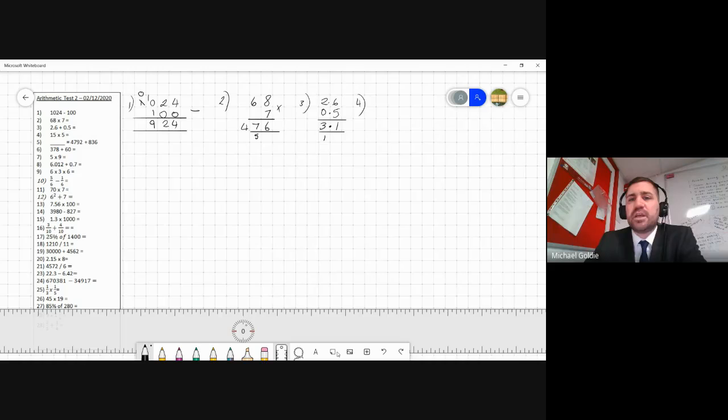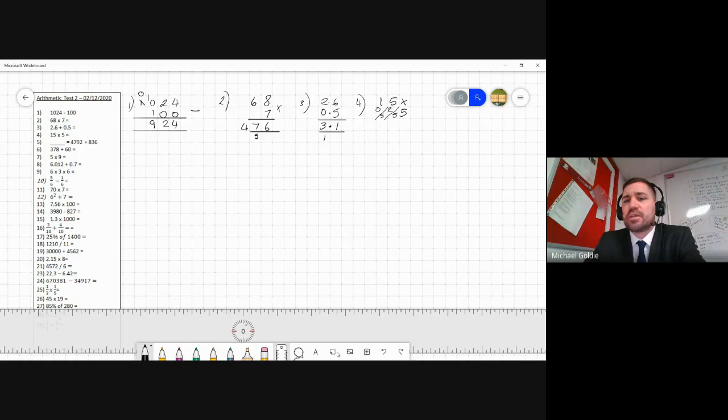Number 4 is 15 times 5. Now for this way, I'm going to do it a bit different. I'm going to do it 15 times 5 like this, making sure I go diagonally through the square. And then what you do is you work out your 5 times 5, and you put your 20 up there, 25. 1 times 5 is 5.